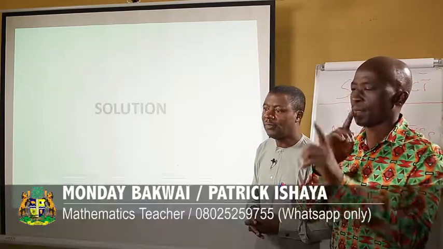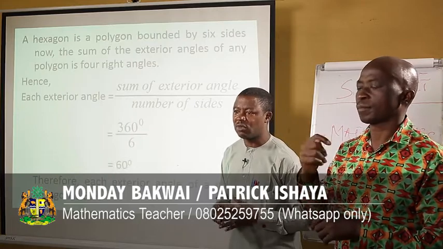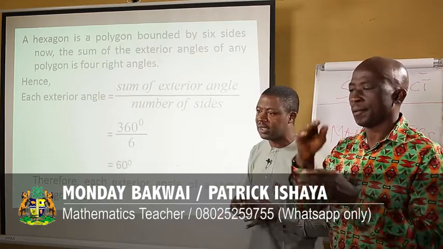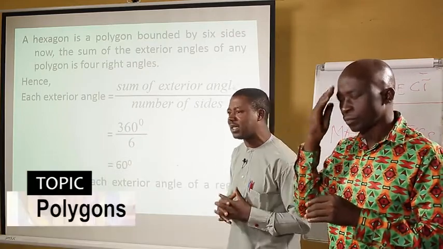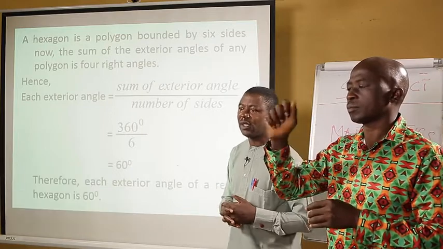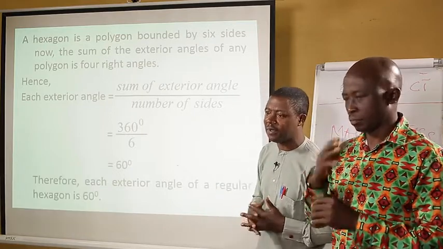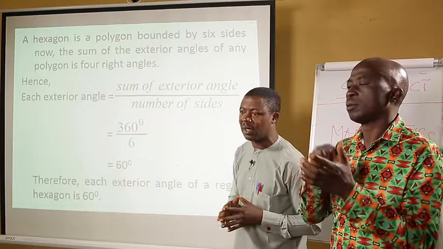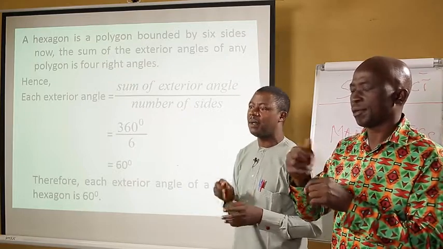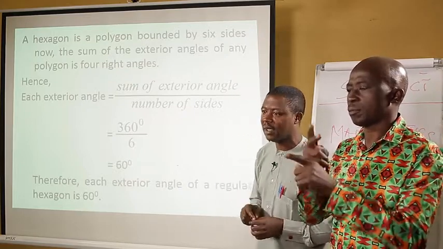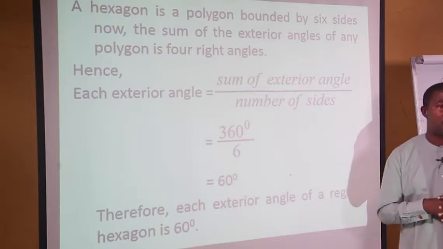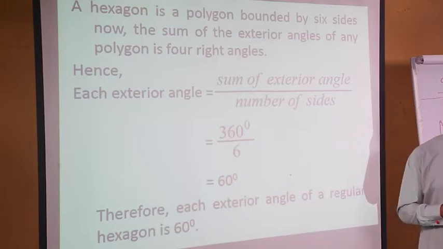Solution. The first thing that will come to our mind is to ascertain what a hexagon is. A hexagon, by our previous definition, is any figure bounded by 6 sides.